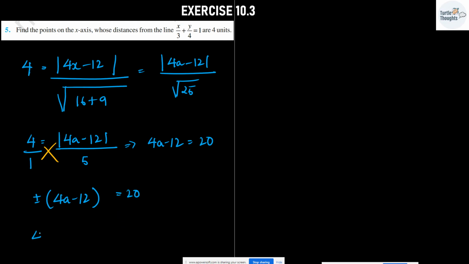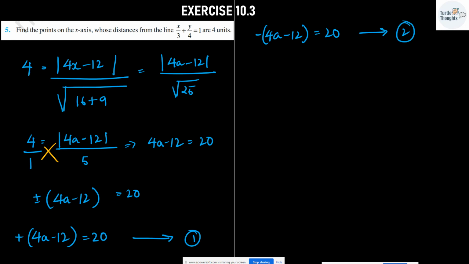Now in this case, 4x minus 12 can be equal to 20. This can be one of your equations. Next, minus of 4x minus 12 is going to be equal to 20. This is your second equation.